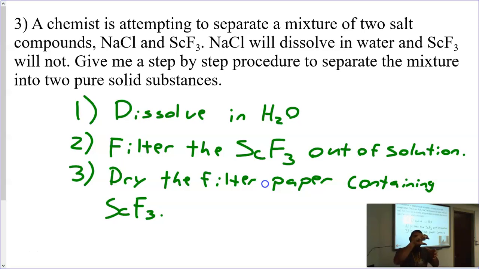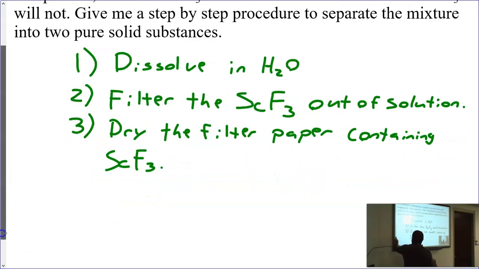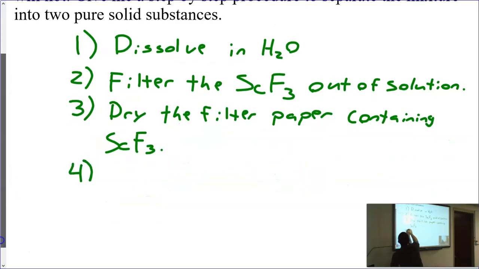So when I'm pouring that through the filter, the liquid that's falling through the filter paper is not just water, but it's also the NaCl, the sodium chloride that was dissolved in it. So now I need to take that liquid that I poured through the filter.